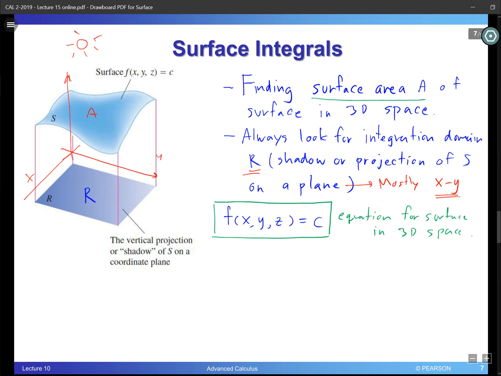For this S, you always have to find the equation F(x, y, z) equal to C, and when you have this, you can use this formula.